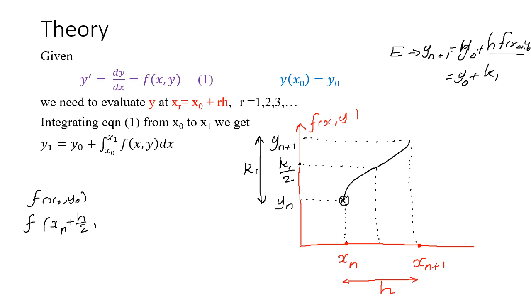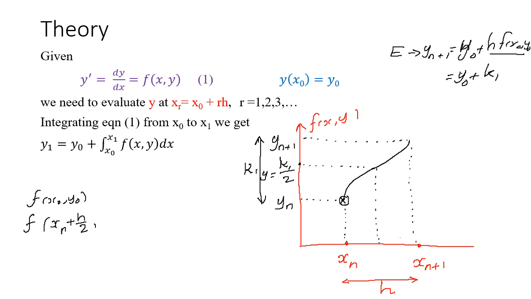So we will evaluate something like this. At this point the corresponding y value is k1 by 2. Not exactly this value. Please note that this axis represents the function. What we represent using this thing is the corresponding y value.